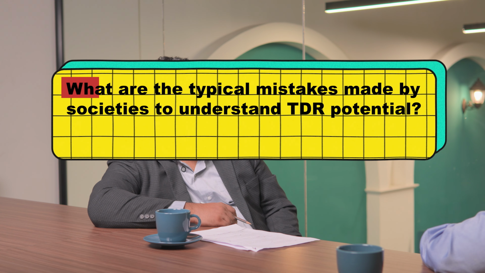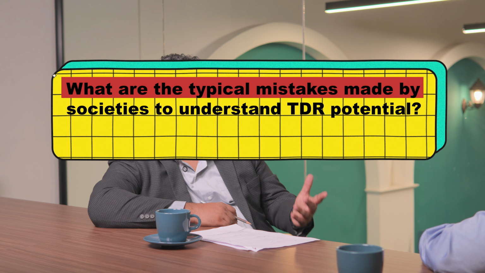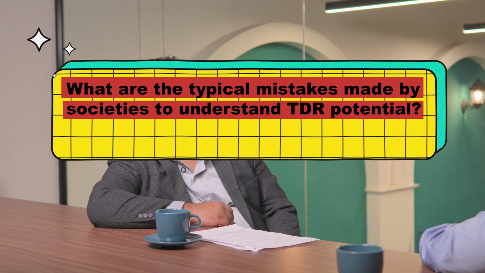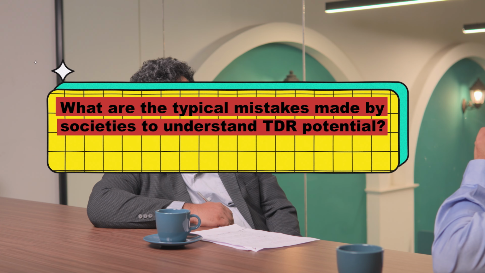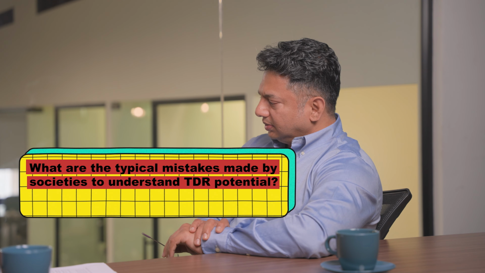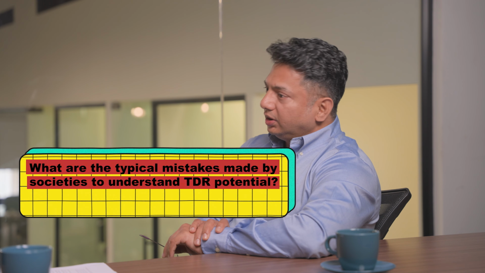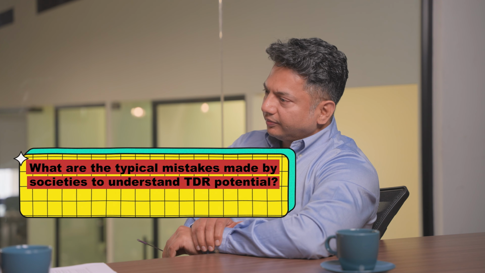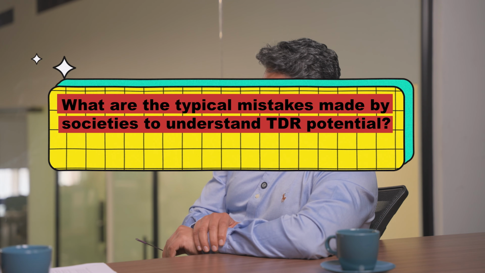Okay. So in your practice, how do you decide when loading TDR makes sense for a plot, and what are the typical mistakes societies make in understanding the TDR potential? So TDR, as I explained earlier, unless and until the project is viable, there is no point in redeveloping it.